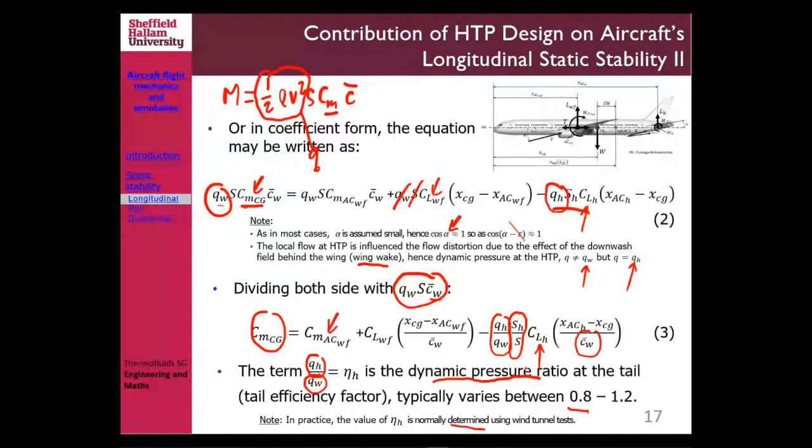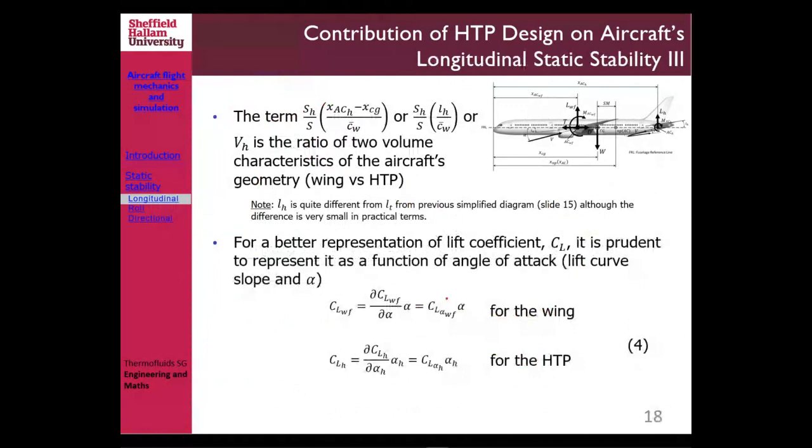So we talk about the term of this, which I put over there: SH minus S multiplied by the distance of your horizontal tail plane to the nose minus the distance of your CG, XCG, divided by the mean aerodynamic chord of your wing, or sometimes simply denoted by LH.